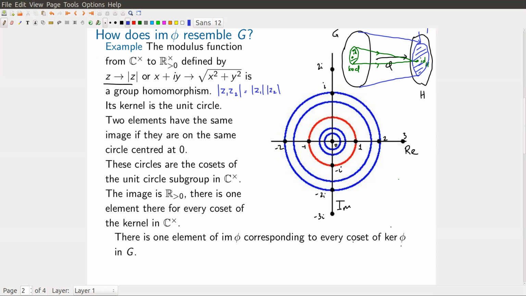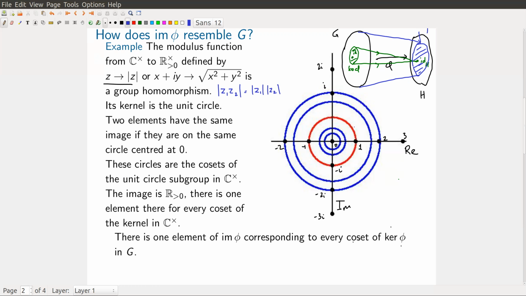They're also centered at 0. They're not the unit circle. So, for example, here's the circle of radius 2, this outer blue one. All the elements on that circle represent complex numbers whose modulus is 2. They all have the same image under this group homomorphism. That image is 2.